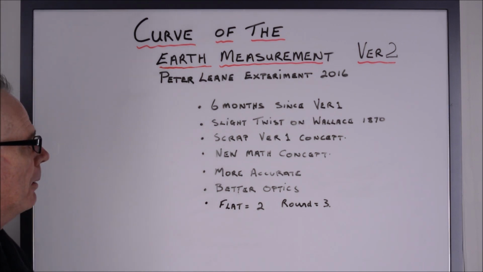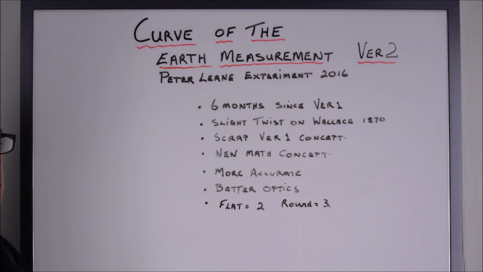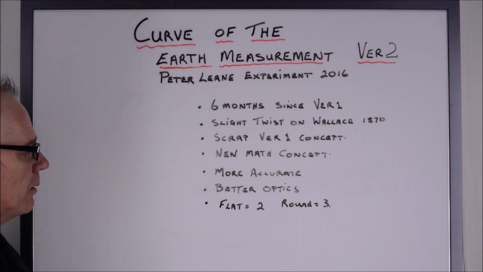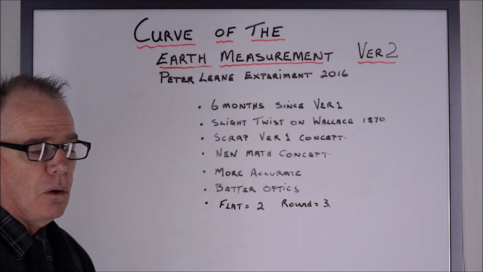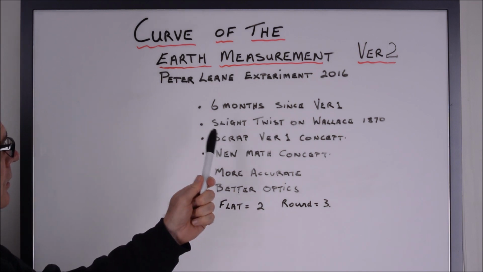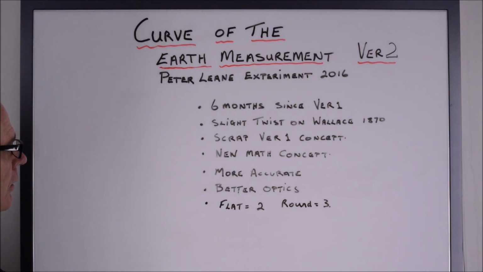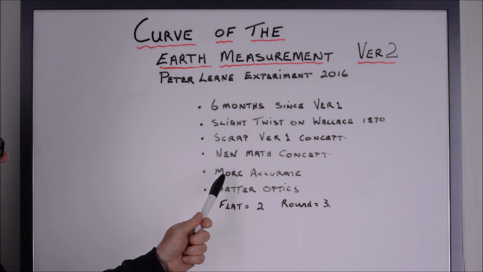He had some reason, and it may have had something to do with the optics. It was a 6-mile stretch, and also the mathematics. So the experiment that I've come up with is a slight twist on that, so hopefully we can clear up a few things.